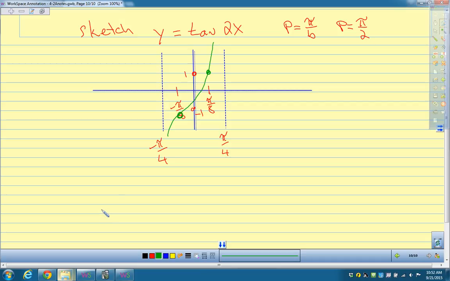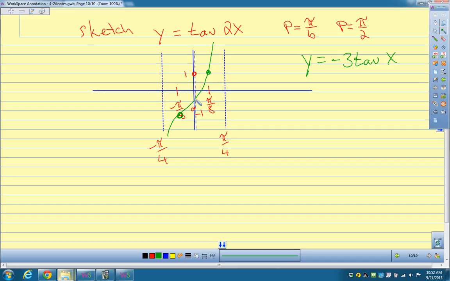Yes? Just real quick, what would y equals negative 3 tangent of x look like? What would that do to my graph? What would the negative 3 do to it? It's going to make it flip over the x-axis.